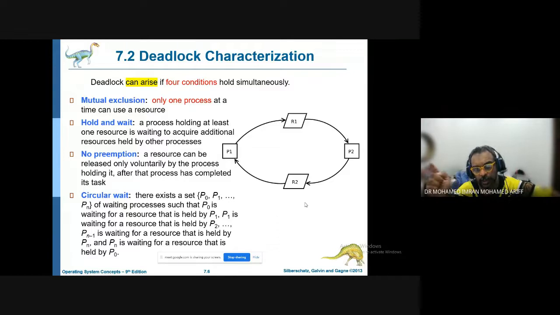P1 goes into resource 1, then when finished, it goes to process number 2 and resource number 2, then goes back to process 1. So it goes round in circles. But if you have a deadlock situation, it is P1, R1, P1, R1; it does not go back to R2 or P2. It's just between themselves only.